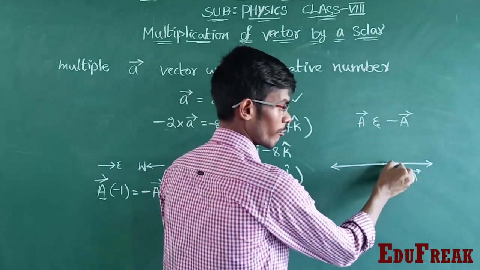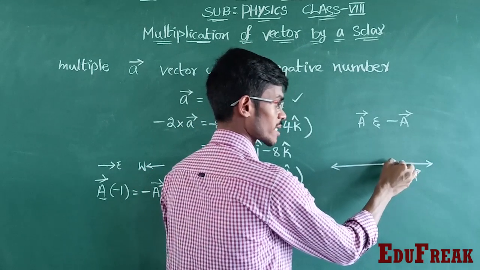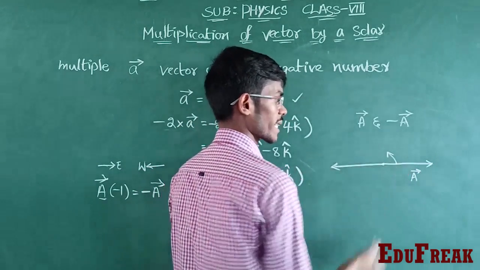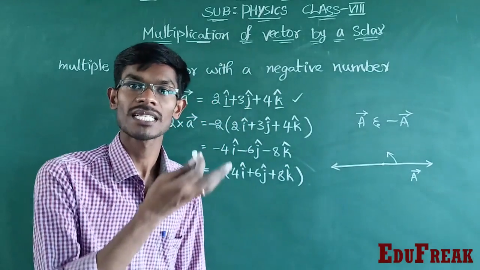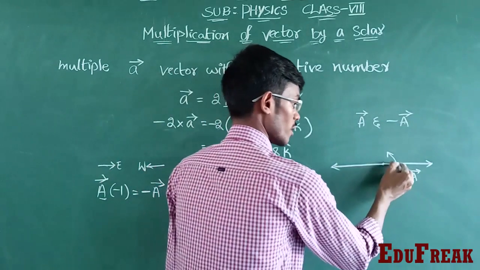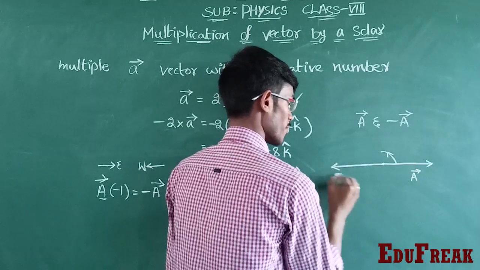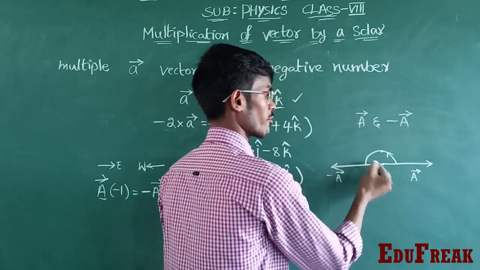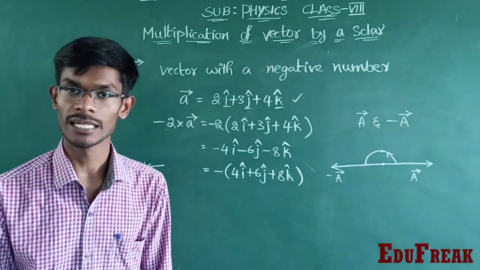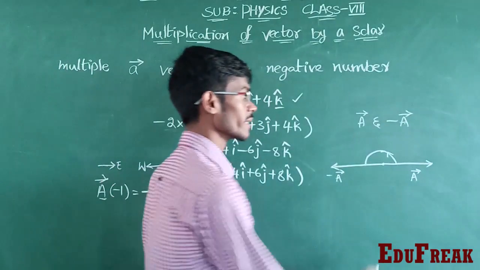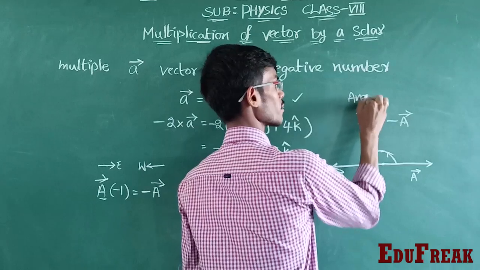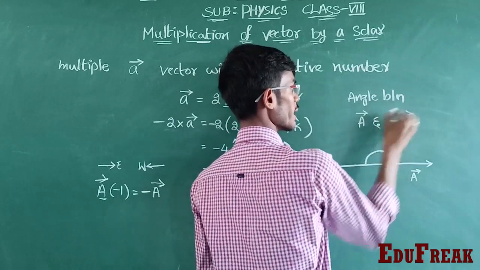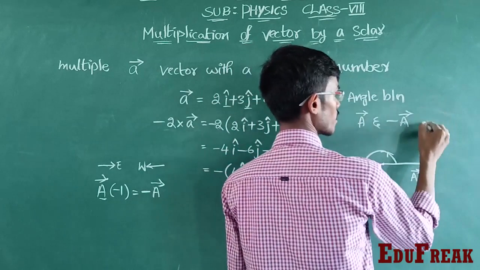While we are measuring the angles, we will consider the anti-clockwise direction. So this is a bar, this is minus a bar. From a bar to minus a bar, what is the angle we are having? Complete angle, that is 180 degrees.